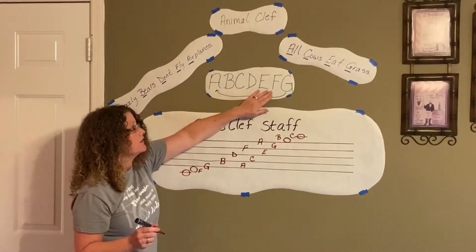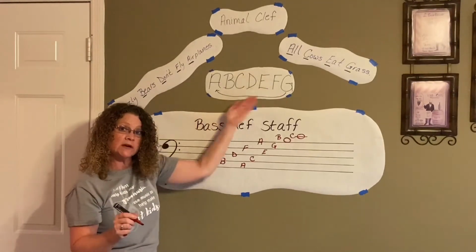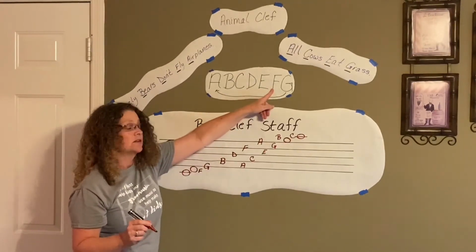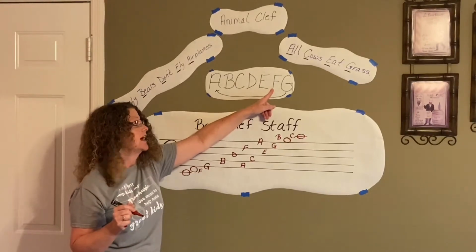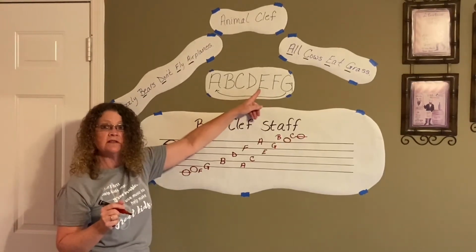I am on F, I'm going down, so I must go backwards. That line note below the staff would be E.